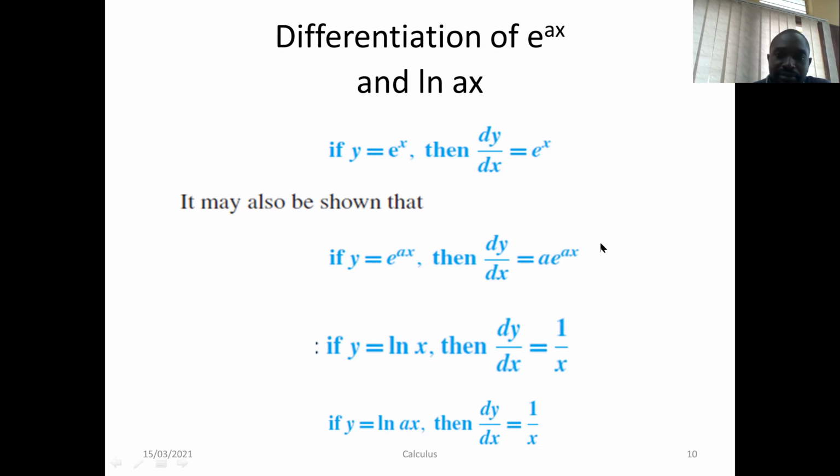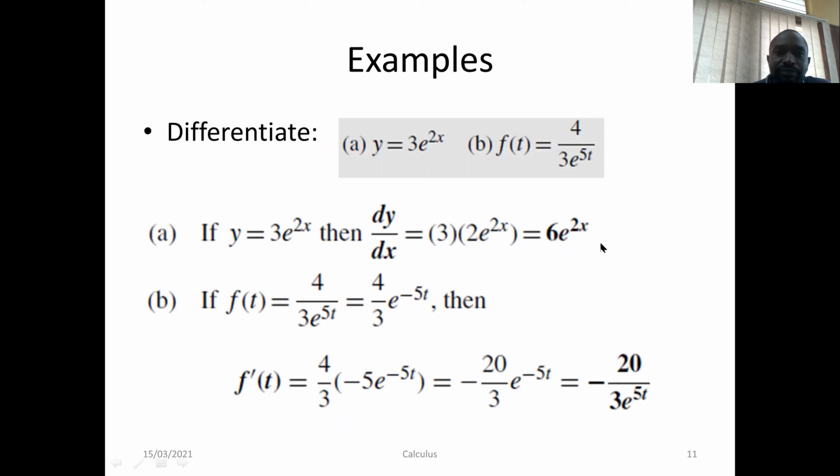Let's have these two examples to do with exponential functions. Given the first exponential function in example A, y equals 3e to the power 2x, you will notice that this function has two parts. It has a coefficient 3 here, and it has a constant of the variable x, 2 here.